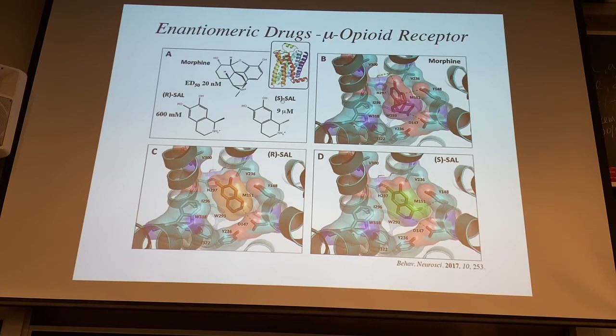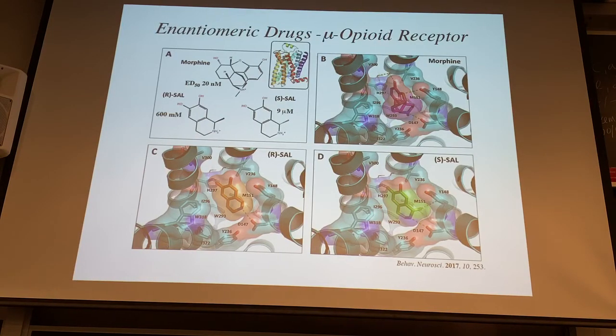So can we do it with a simpler drug like this, like sal? Well, it turns out the R form is in the millimolar range, 600 millimolar. That's not very potent. R sal here it is. Here's morphine bound to the same active site. And the two crystal structures are known for the R and the S form of sal.